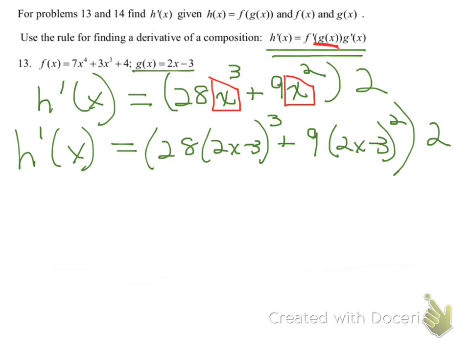Okay, so I have h prime of x, but I think I should clean this up a little bit more. So let's see if we can get this in a simpler form.